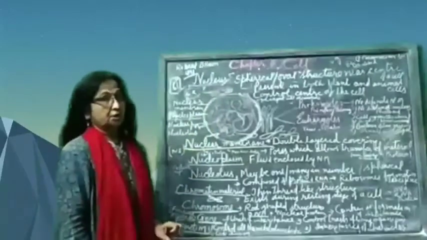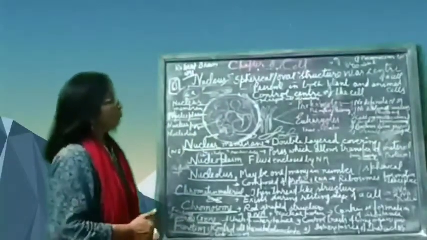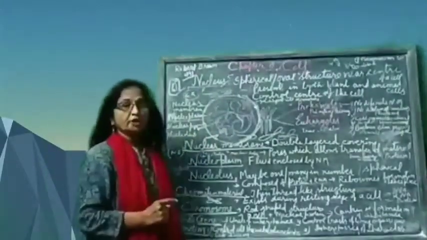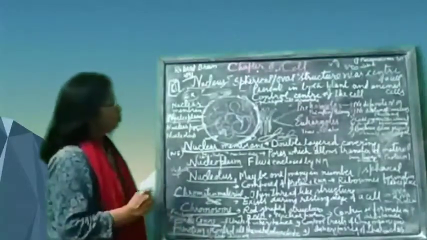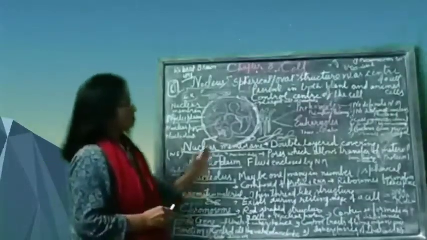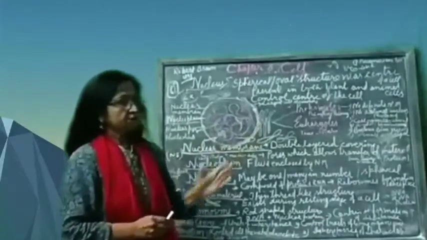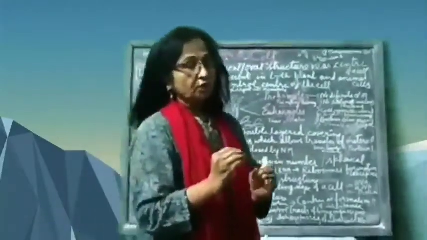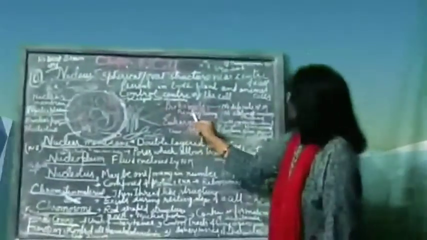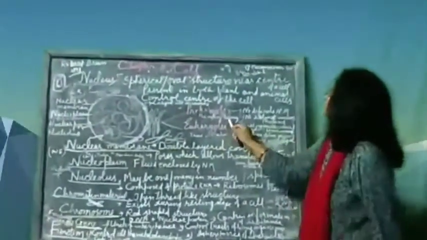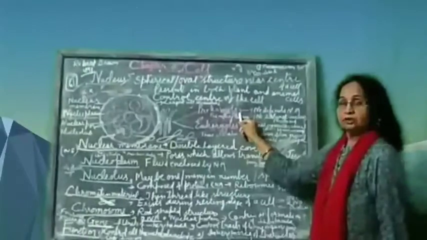Now, on the basis of the nucleus, there are two types of organism, prokaryotes and eukaryotes. Pro means primitive or primary. Karyote means nucleus.